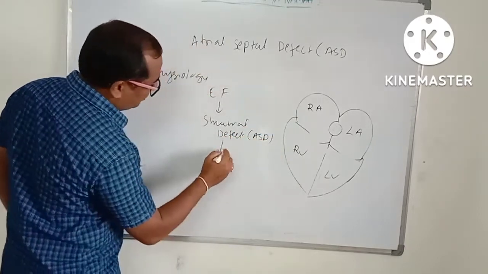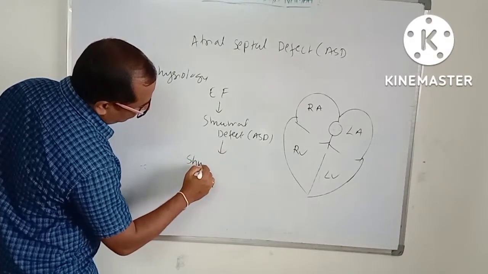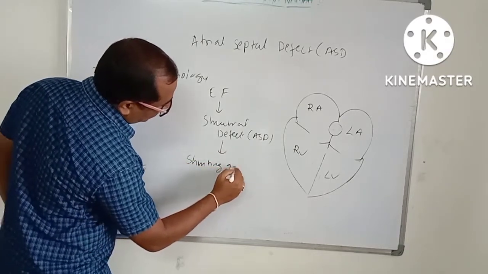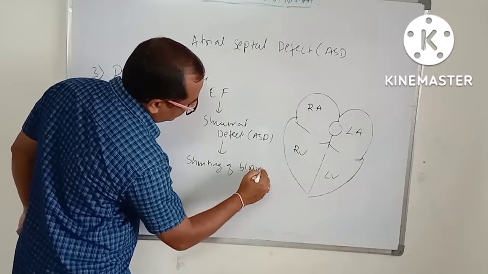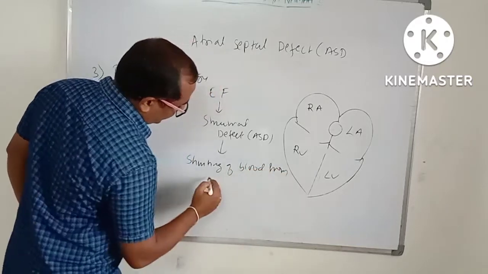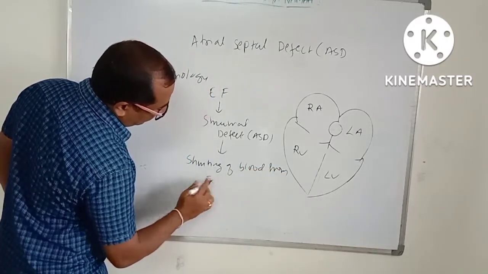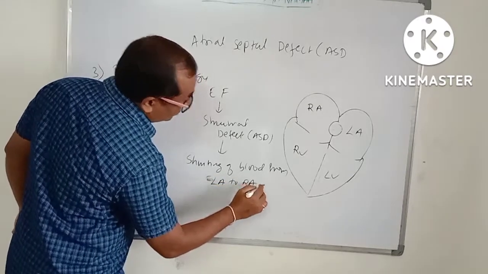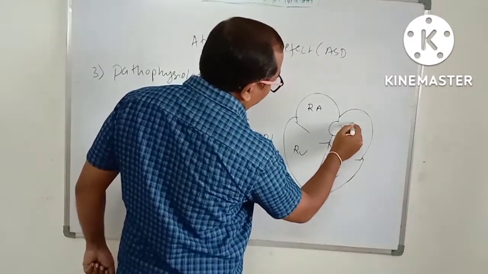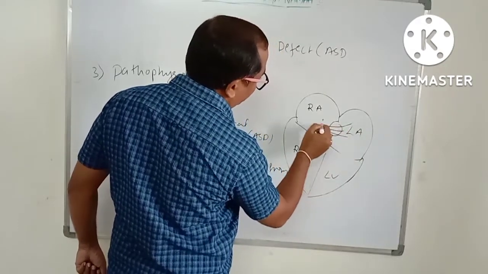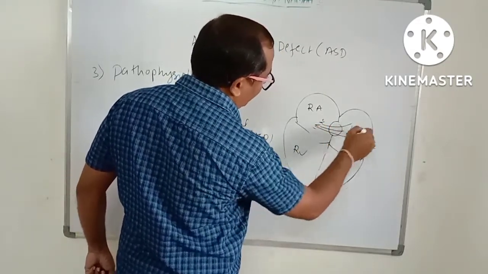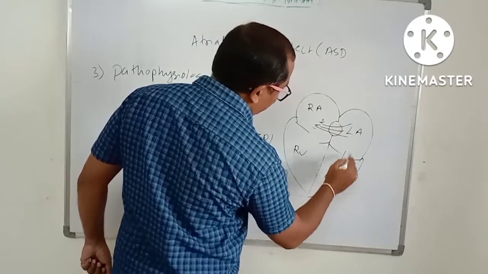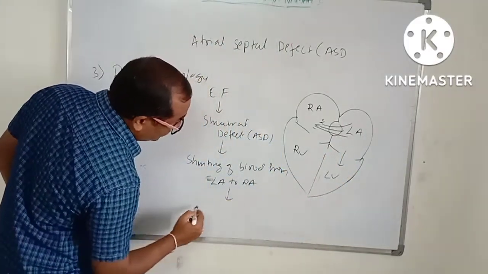So because of atrial septal defect, there is a shunting of blood from the left atrium to the right atrium. So because of shunting of blood from the left atrium to the right atrium, there is a decreased volume of blood coming to the left ventricle.